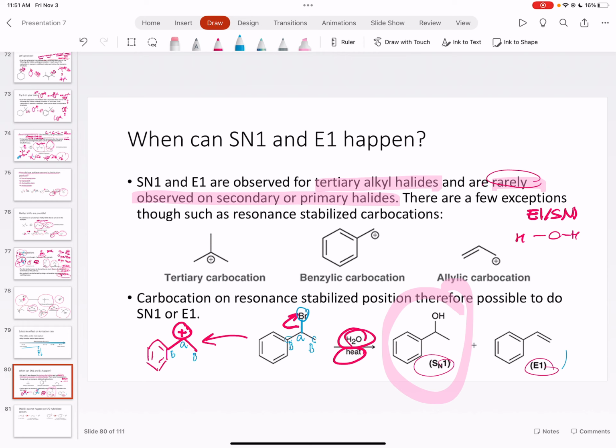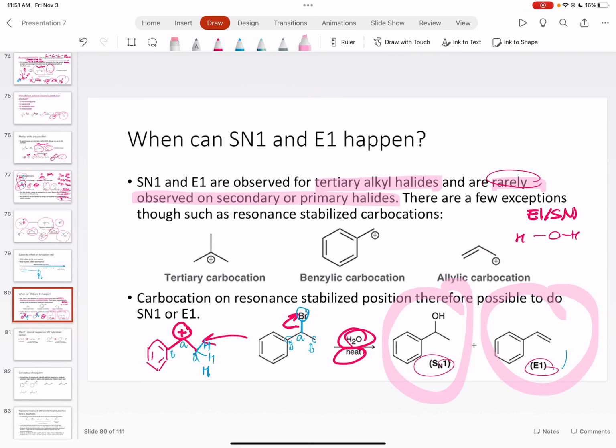Because if not, it will break the octet rule. But my beta on my right does have hydrogens. So technically I am gonna be able to do an elimination reaction. So that's how I got that product right there.